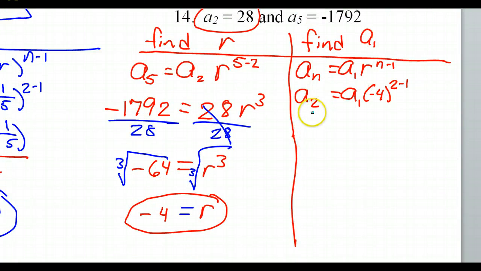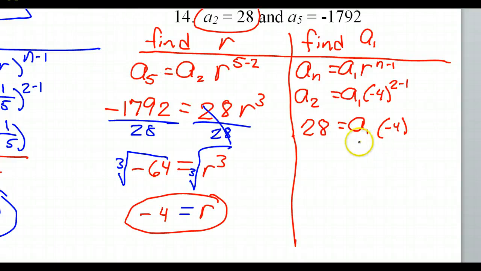All right? So that's how you set it up. Now I know what a2 is. It's 28. So next I can go ahead and put in 28. And this will equal a1 times negative 4. Now 2 minus 1 is just 1. So that's just the 1 power, and you don't have to write that. So it's just a1 times negative 4.